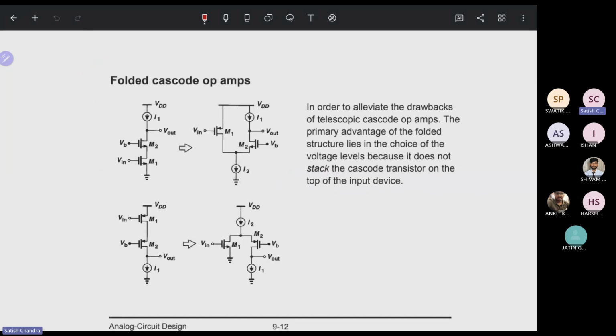Now comes the folded cascode op-amp. We look into this part, where the amplifier is governed by this VB, which decides our transconductance value.